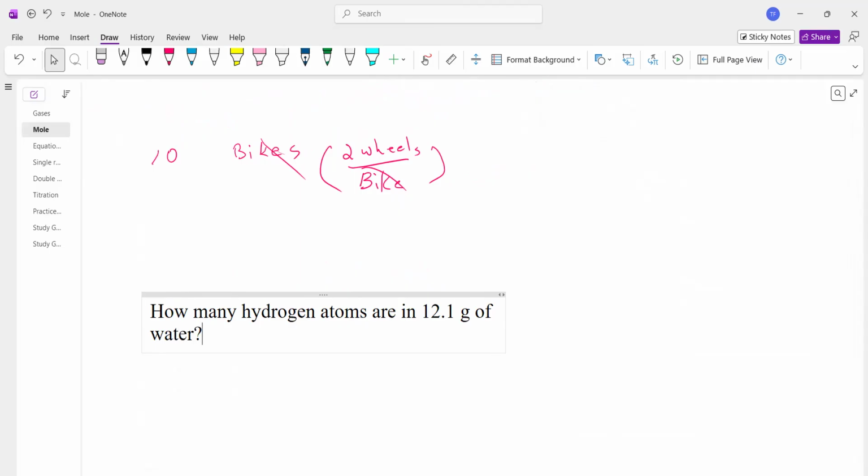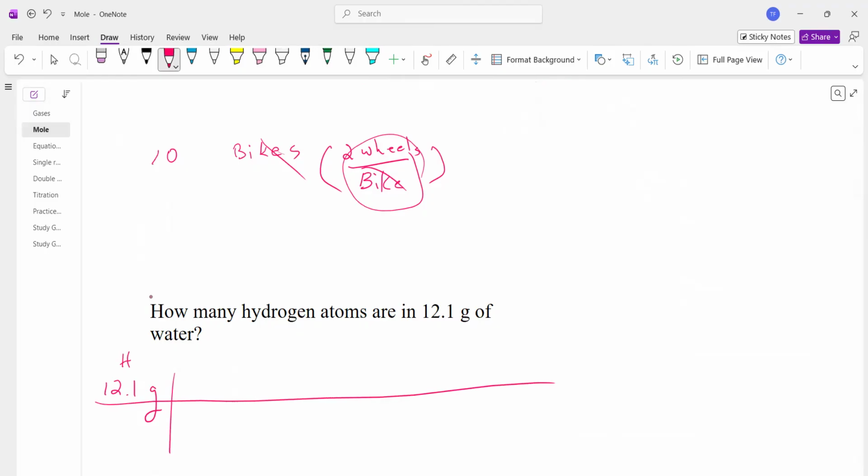How many hydrogen atoms are in 12.1 grams of water? Now, this is the same type of problem as bicycle wheels. We need another conversion factor, and the conversion factor is going to be similar to that. Okay, so what's given again is 12.1. So, if in doubt, convert to moles.